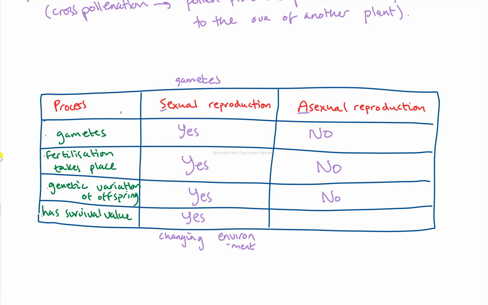But if something comes along, for example potato blight, it could spread across all the crop because they're all genetically identical. This monoculture doesn't help, where you've got the same crop across vast regions, so it'll destroy all the crop. So a stable environment is better for asexual reproduction.